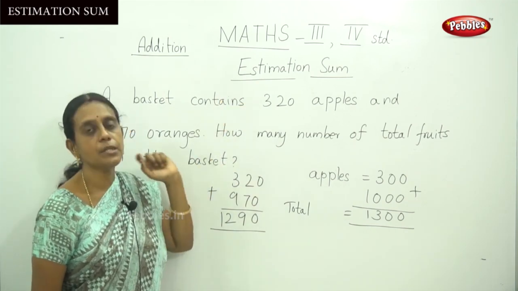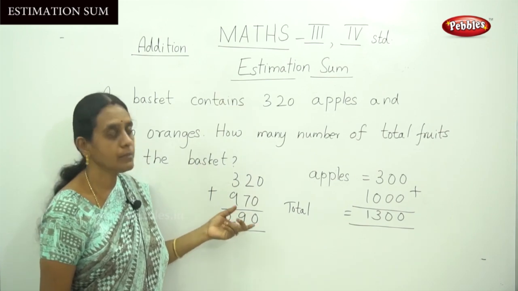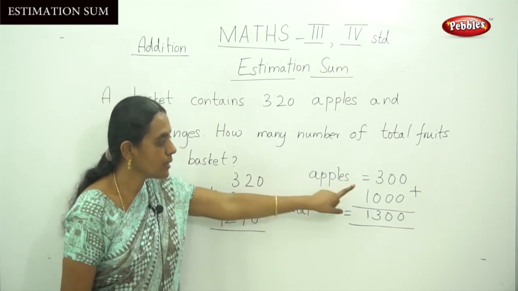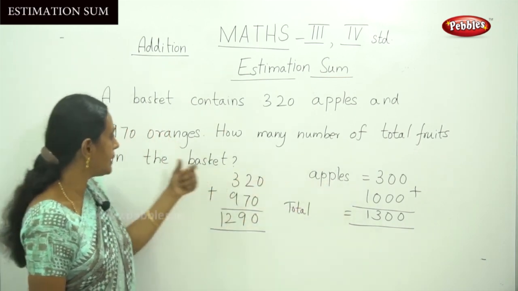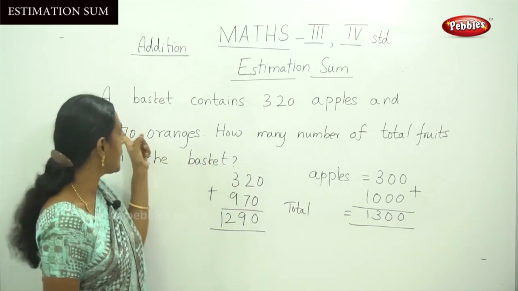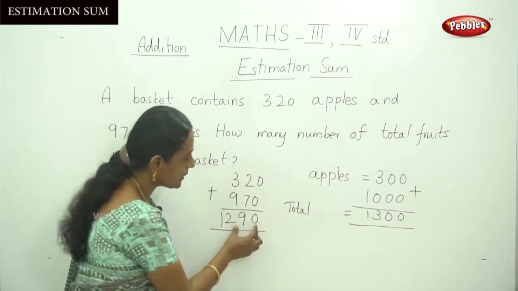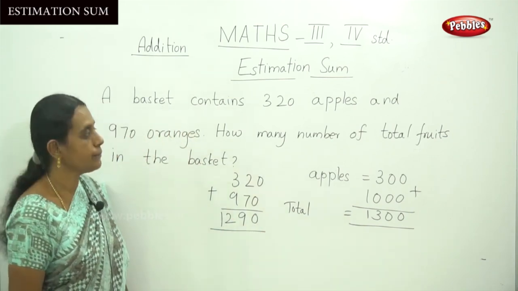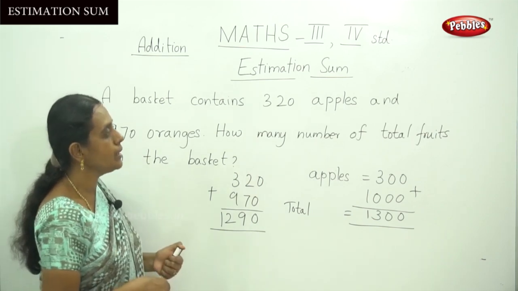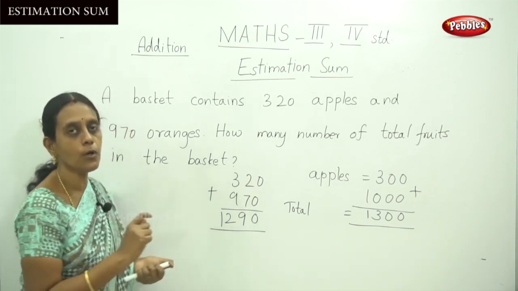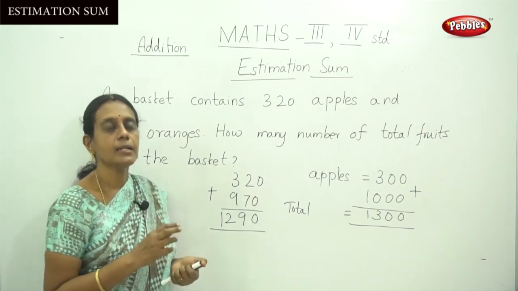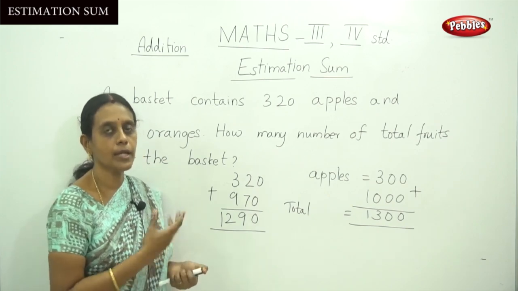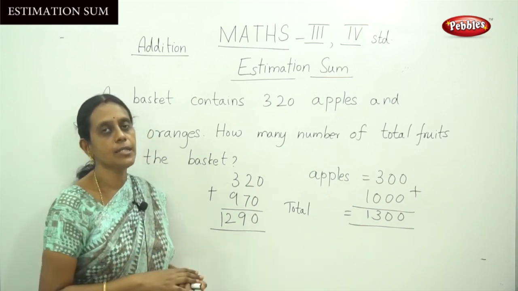It takes more time for accuracy, but here you calculate only by estimating to the nearest 100 and nearest 1000. That is 9 and plus 10, so somewhat of a little bit of change, that is 1290, here 1300. This method is used for saving time and calculation, and it improves your calculation speed. You can calculate this within a few minutes, and this is called estimation sum.